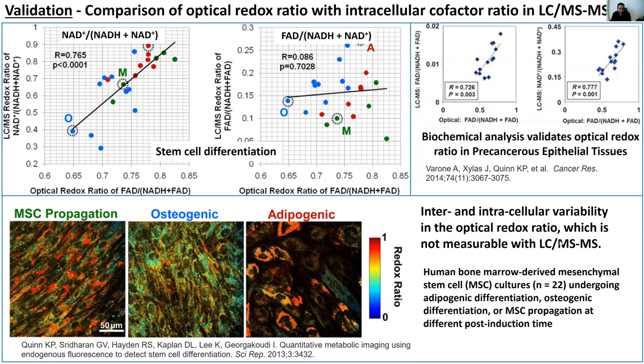Of course, you do not get the intercellular and intracellular variability that you can get with LCMS in any optical imaging. That's why we do most of the imaging, because of the much more detailed information that we can get.